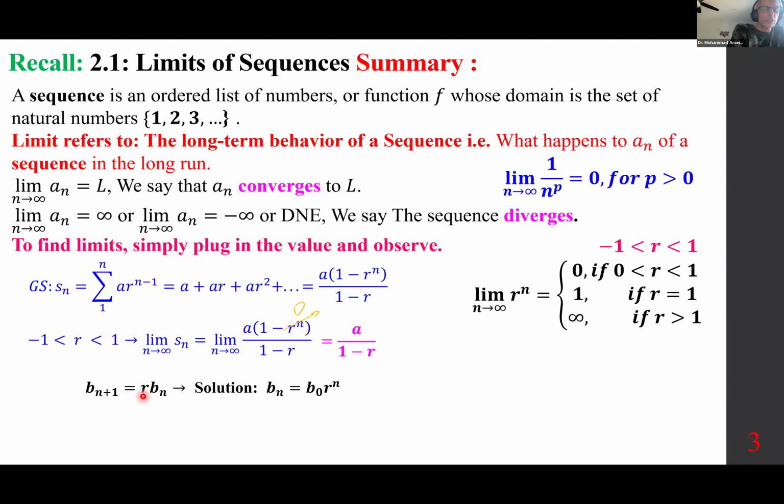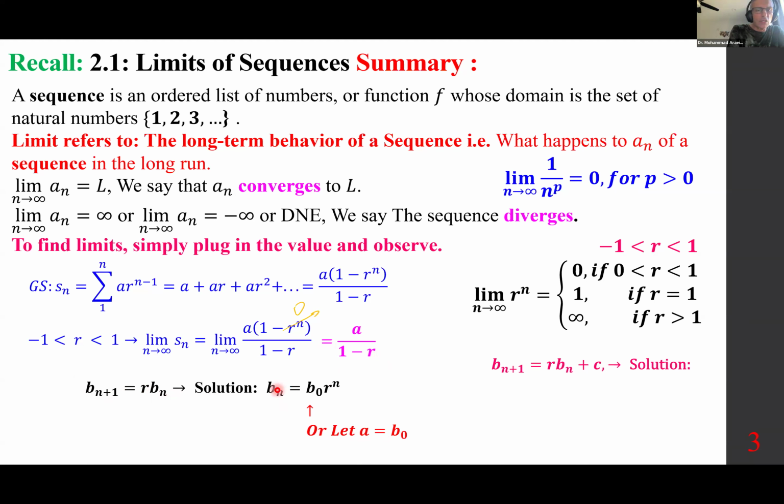b sub n plus 1 is r b sub n, and the solution b sub n equals b sub 0 r to the power of n, or a instead of b sub 0, depending on the text. This is the geometric sequence recursively, and this is explicitly. That's the solution.